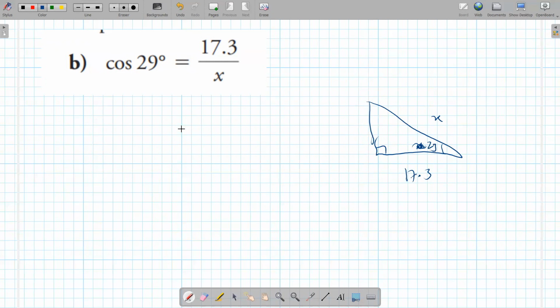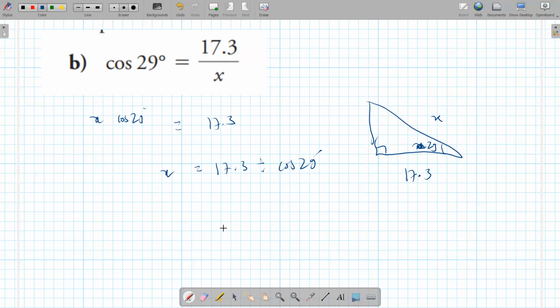But on surface level, it's just an equation. How do you solve this equation for x? You multiply x on both sides. Yes, you multiply x on both sides. And then you divide. Yes, so 17.3 divided by cos 29. Why don't you try plugging this in?